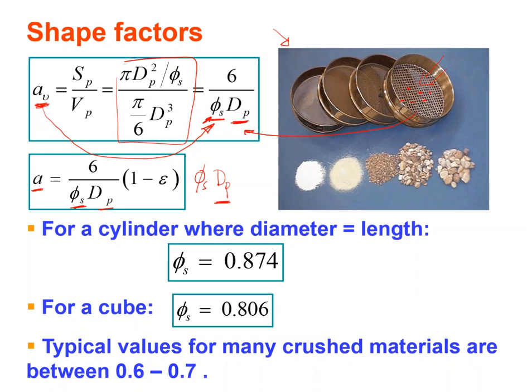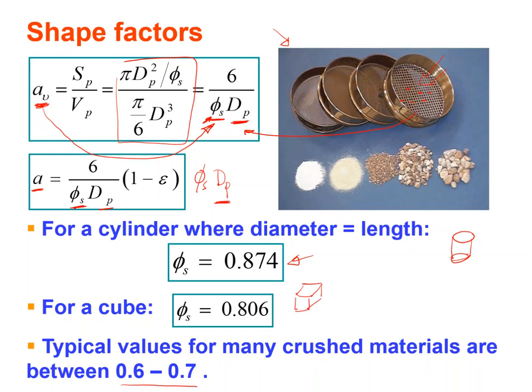So all that I'm going to do is just replace the effective diameter with phi s times nominal, or phi s times equivalent. So suppose I have a cylinder whose diameter is equal to its length, then this is the sphericity. There are tables with the sphericity or shape factors, so it will be given to you. For a cube, this is the sphericity or shape factor, and typical values for many crushed materials are between 0.6 and 0.7.